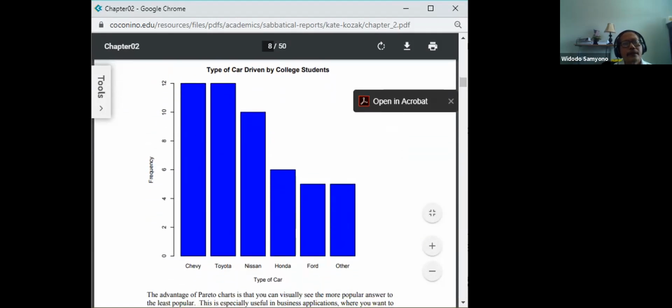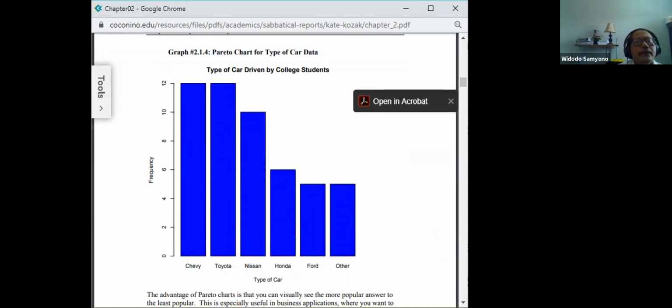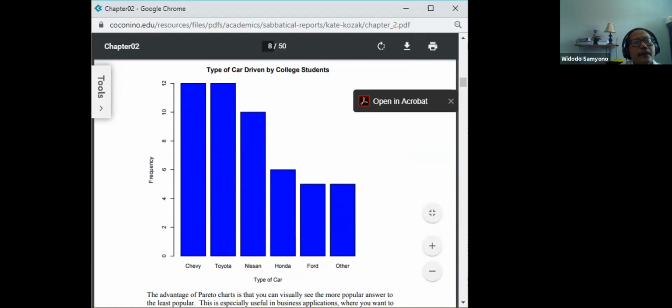If you have two bars the same highest, like the Chevy and Toyota have the same number, that means first you have two cars, and then the second one will be the third car here, Nissan.